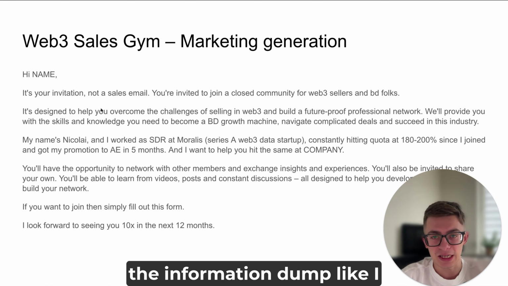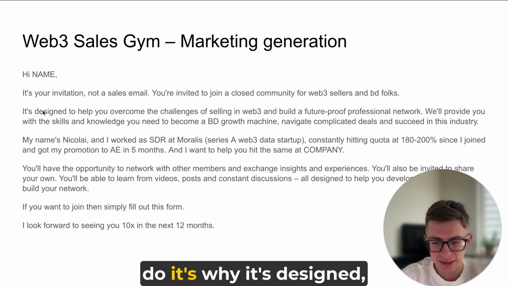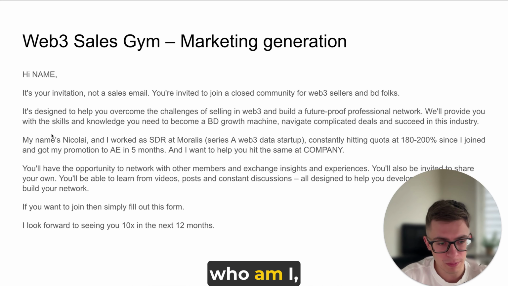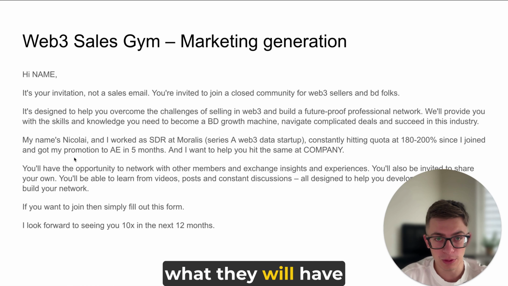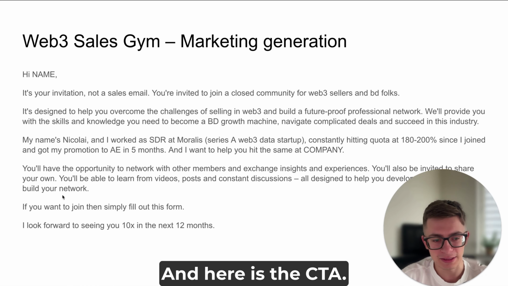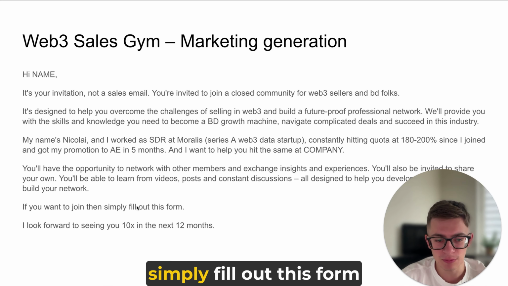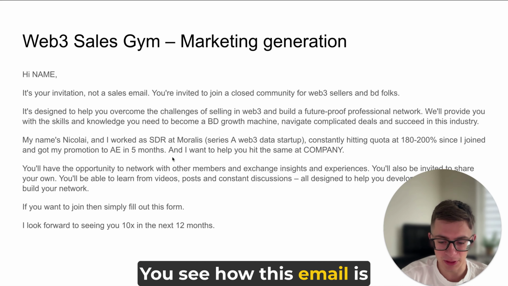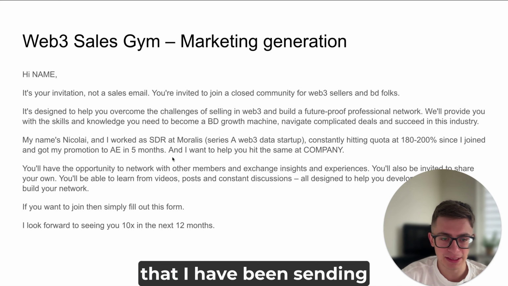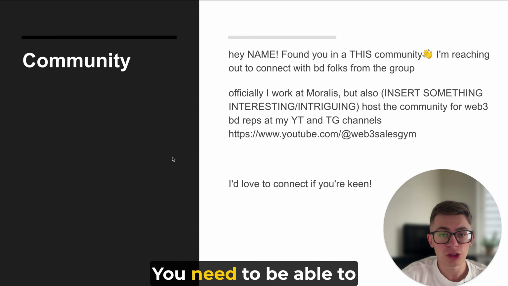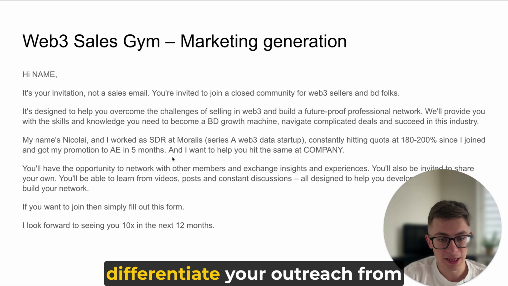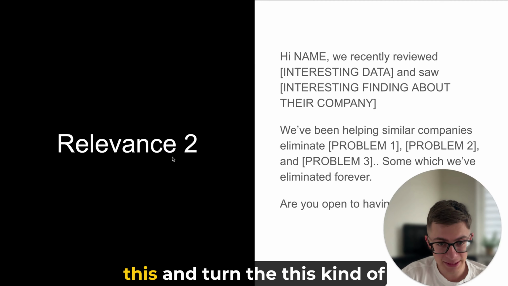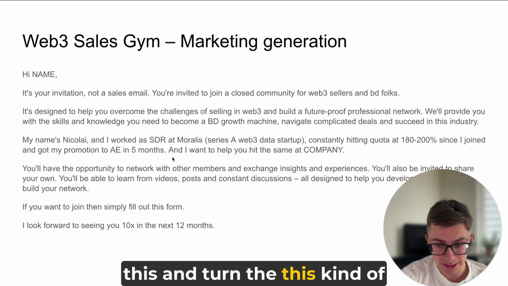And then I start the information dump. Why it's designed, who am I, what they will have responsibility to do, and here is the CTA. If you want to join, simply fill out this form, and that's it. You see how this email is different from these templates that I have been sending above. You need to be able to differentiate your outreach from this and turn this kind of long emails.